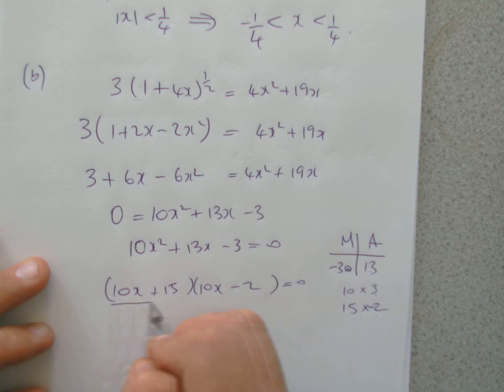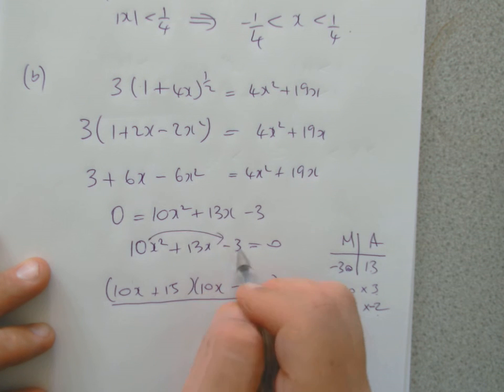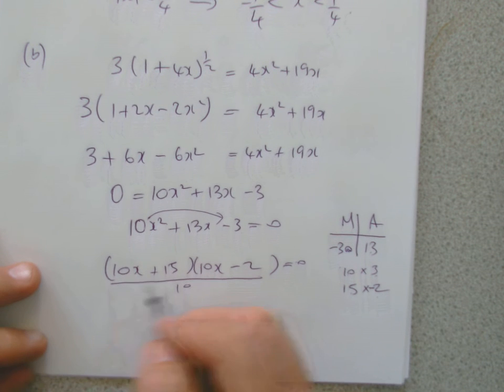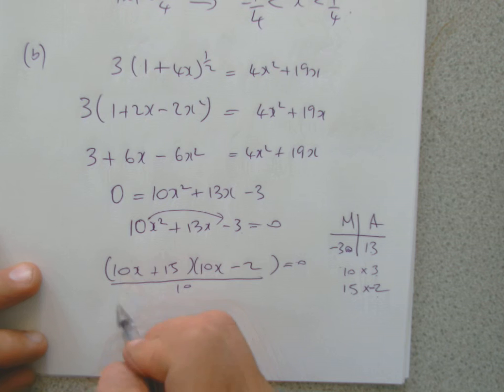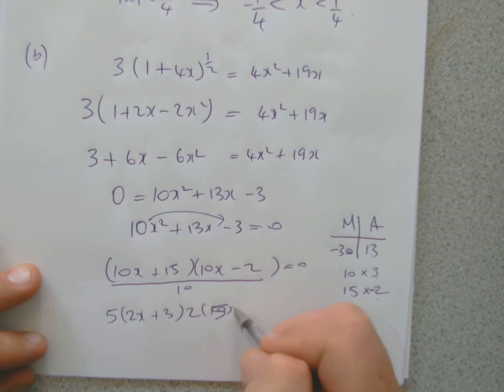And of course, don't forget, because we timesed this first term by 10, you've got to now divide by 10, you've got to pay back. So with this bracket, take out factors here, common factor of 5, here, common factor of 2. So 5x in here.